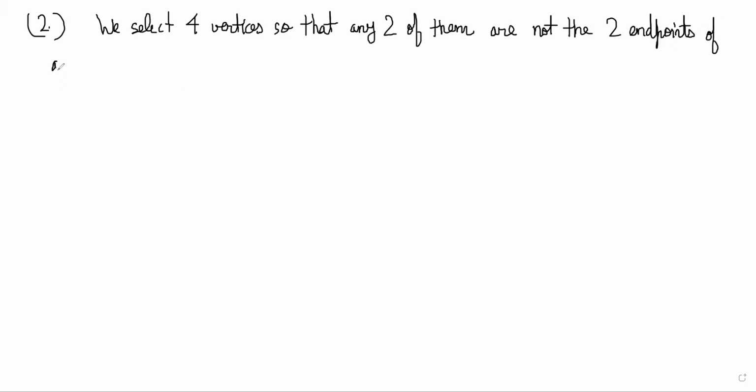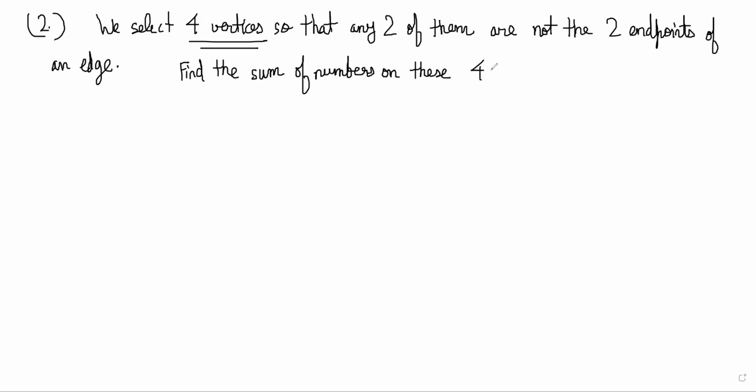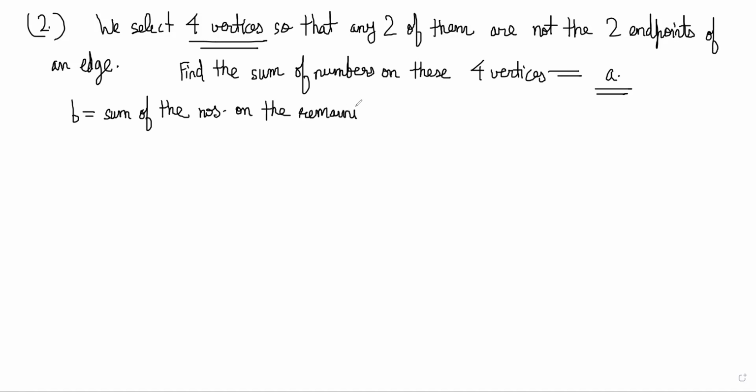We find the sum of the numbers on these 4 vertices, and we say that that is equal to A. And we say B is the sum of the numbers on the remaining 4 vertices.